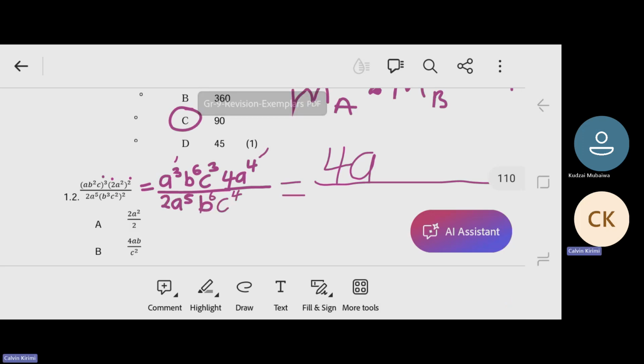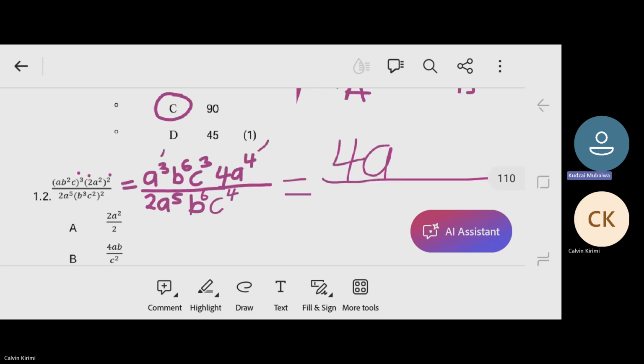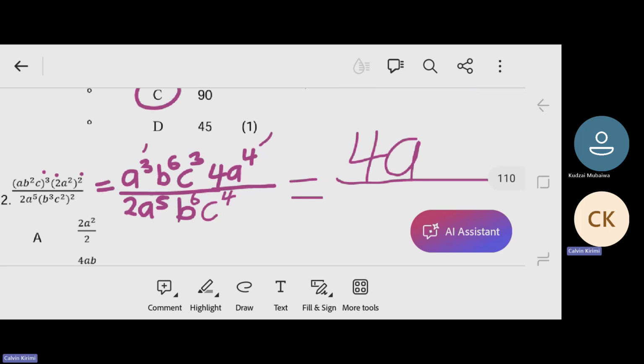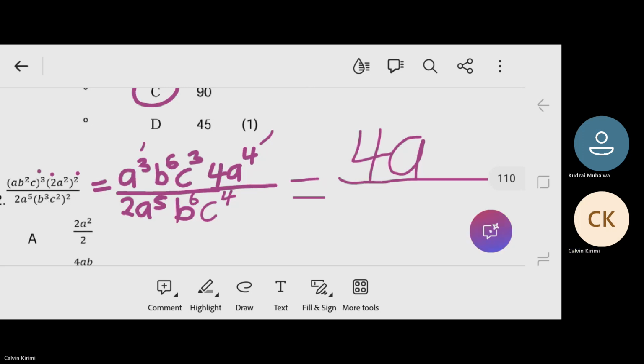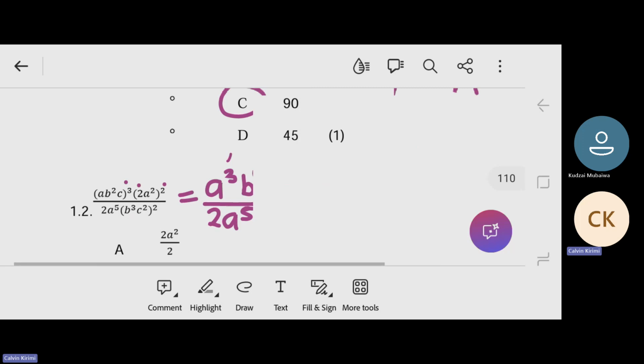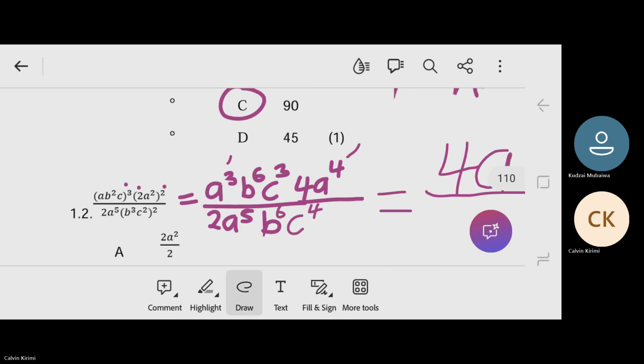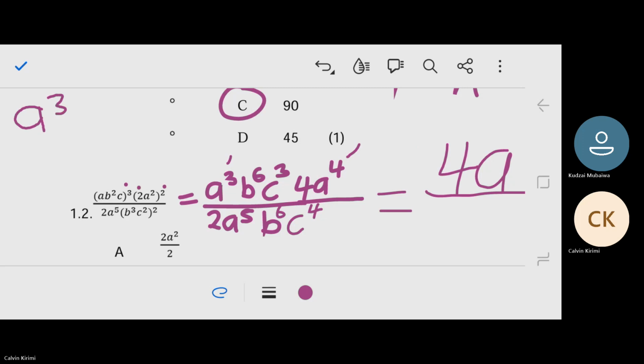For a to the power 12, you are not multiplying, now we are adding. You must know the difference. Why are you still making those mistakes? A to the power 3 multiplied by a to the power 4 is not the same as a to the power 3 by 4.